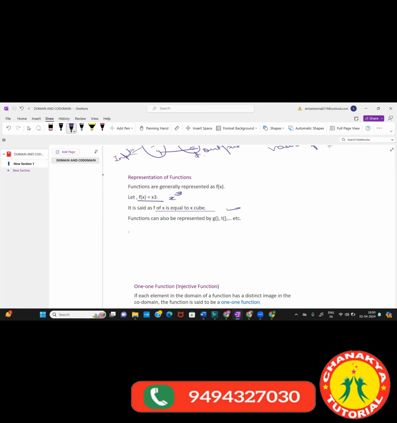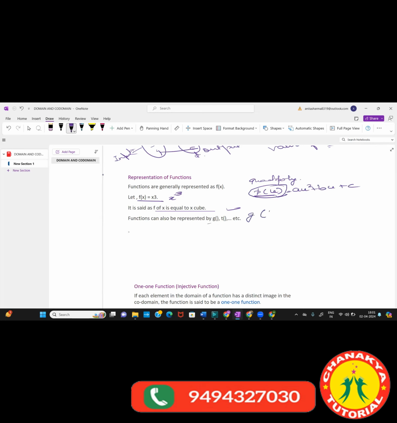Or a function can be represented differently if some other function is given. Suppose in 10th class you have studied a quadratic polynomial. Have you studied this? If you are representing a quadratic polynomial given in terms of u, you will represent it as a function of u.